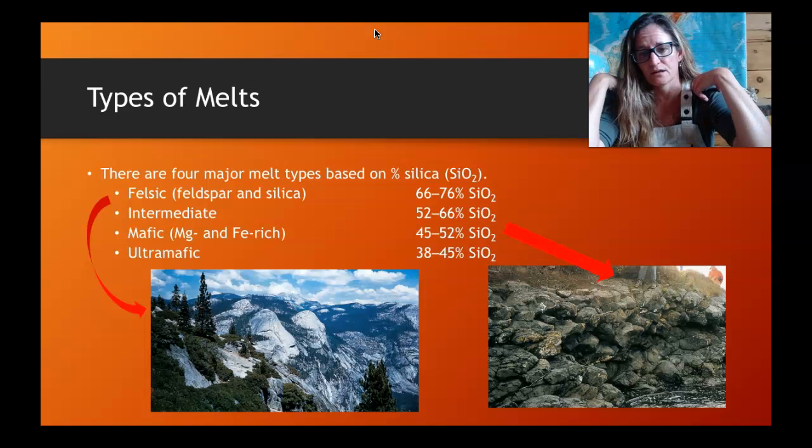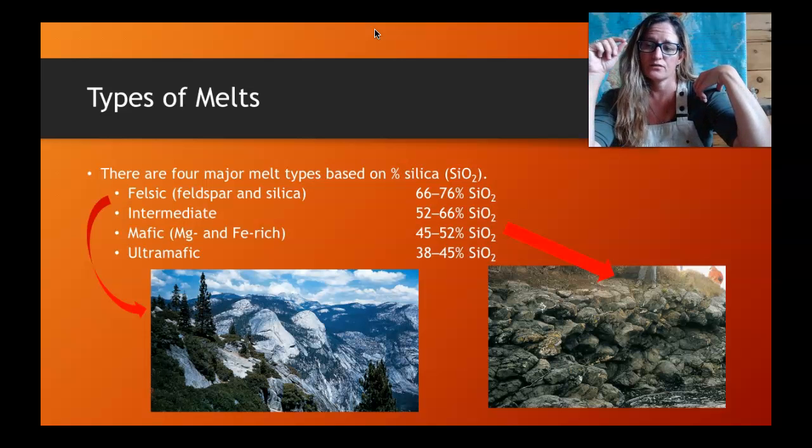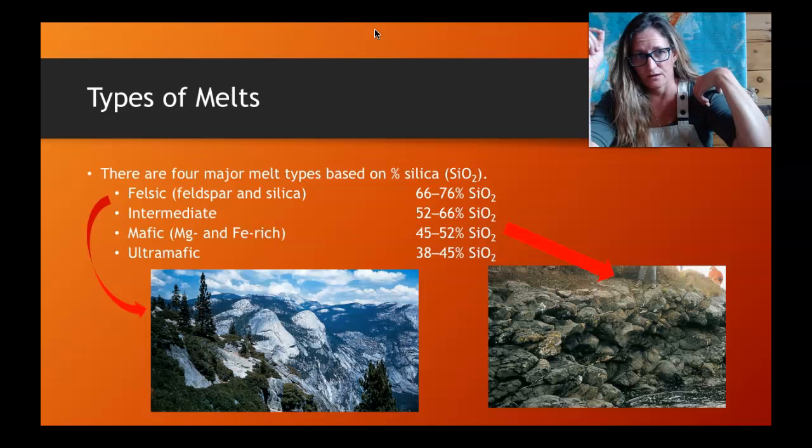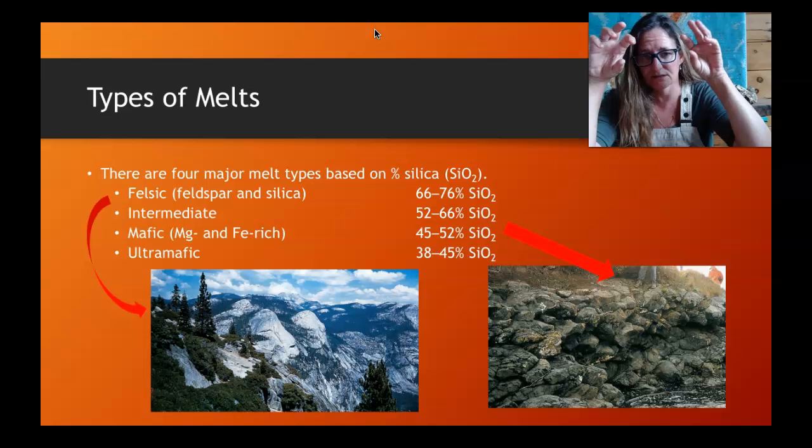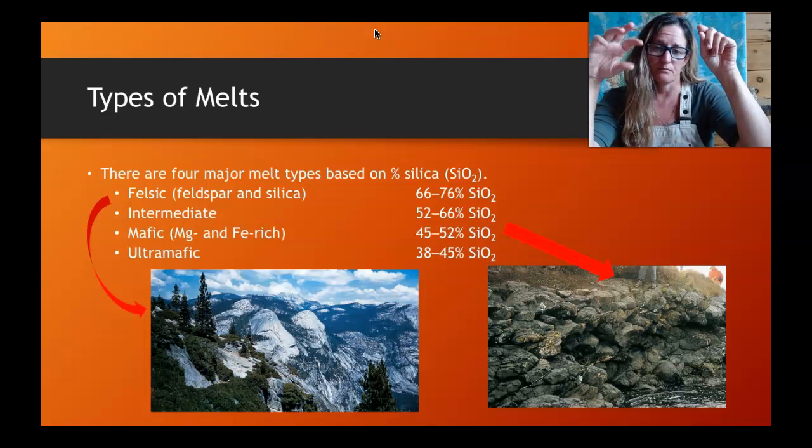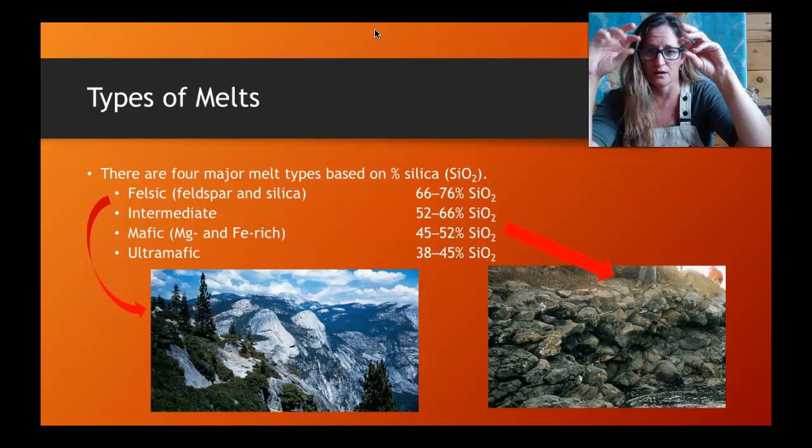That's Yosemite again. A rock that is richer in magnesium and iron is going to be mafic. The felsic, the FeL and the SIC, comes from feldspar and silica. Felsic, feldspar, silica. Mafic, the Ma and the Fic, come from magnesium and iron. Mafic, magnesium, iron.